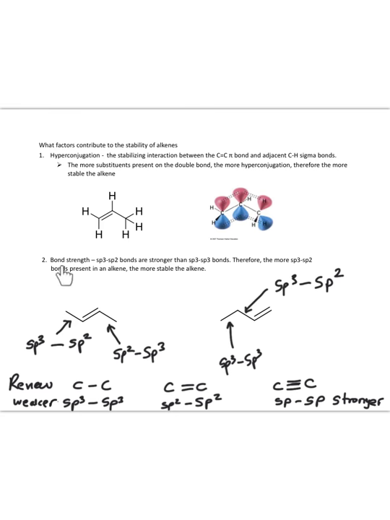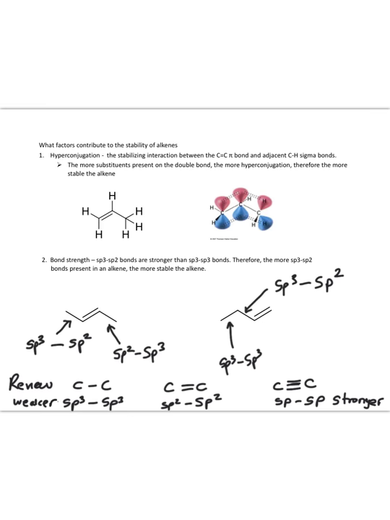So in this case, in terms of bond strength, we are looking at how many sp3-sp2 bonds you have. So if you have an alkene which is, for example, di-substituted, so one group here and one group here, versus a mono-substituted alkene, because it only has one group. Please note that here we have a hydrogen and another hydrogen and another hydrogen here.